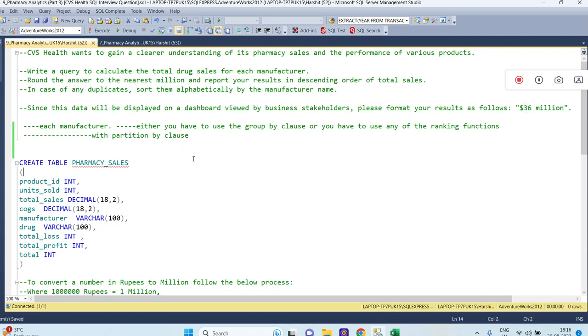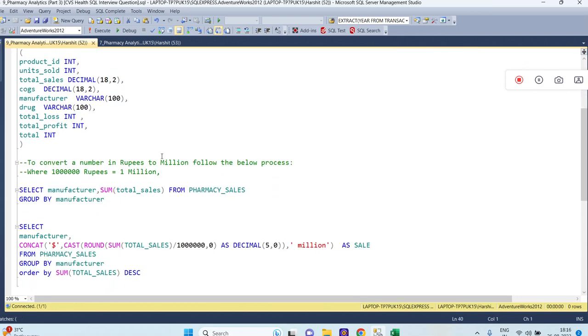So this is again the same table. Now this is the one thing I have taken into consideration while writing my solution. To convert a number in rupees to million, follow the below process. We need to divide by 10 lakh.